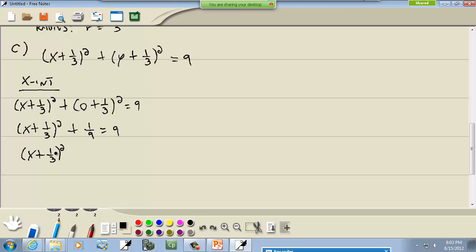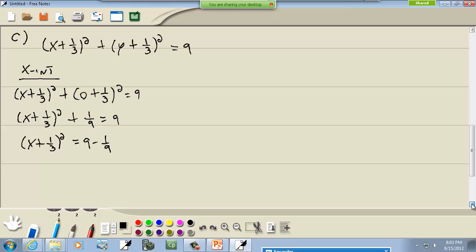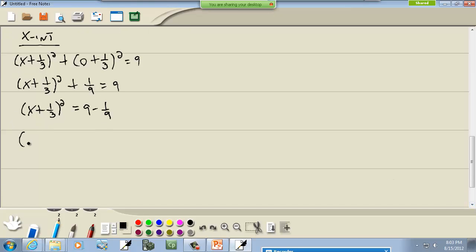We want to get the part that's squared by itself, so I take the 1/9 over. So we got 9 minus 1/9. So we got (x + 1/3) squared equals 80 over 9. This is a mixed number form again. If you got a negative, it always goes to the top. So 9 times 9 is 81, and then negative 1 minus 1 gives us 80 over 9.